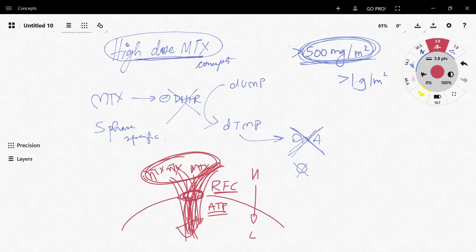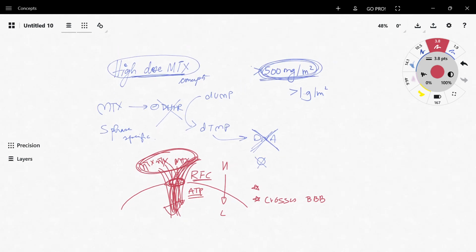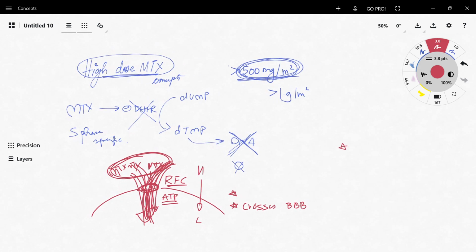So that is one of the reasons why you're administering high dose methotrexate, and the other reason is because it crosses the blood-brain barrier. So you will see high dose methotrexate being used for primary CNS lymphoma, which involves the brain, right? And then there's ALL and Burkitt, which have a high propensity to involve the brain, right?